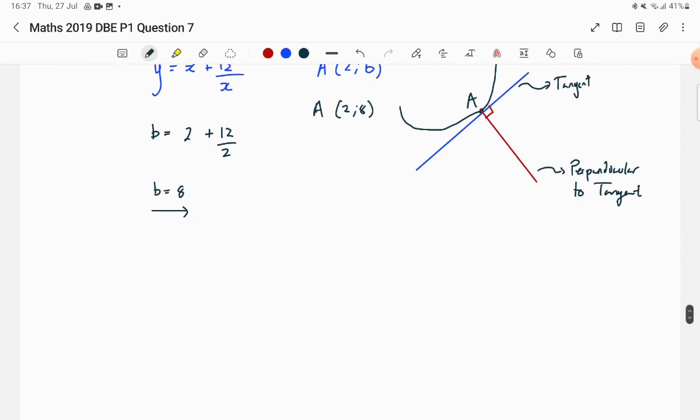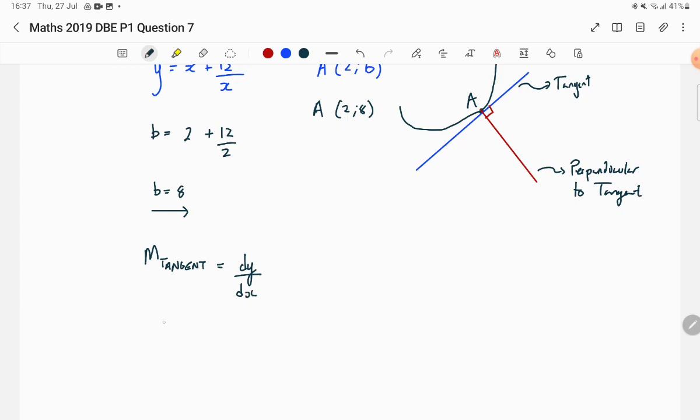So we need the gradient of the tangent. How do we get that? We need to find the derivative of the curve function, dy by dx.